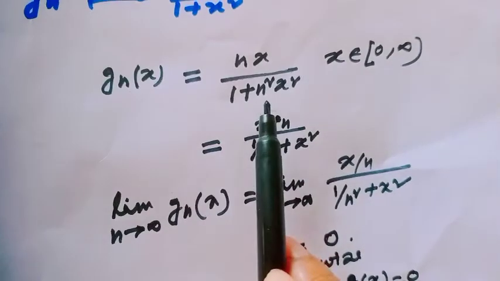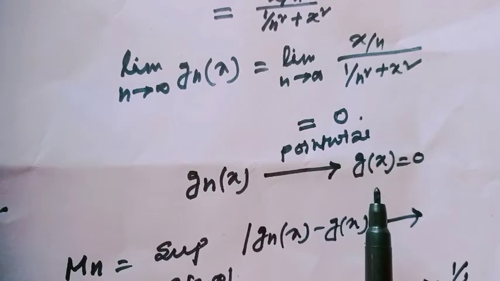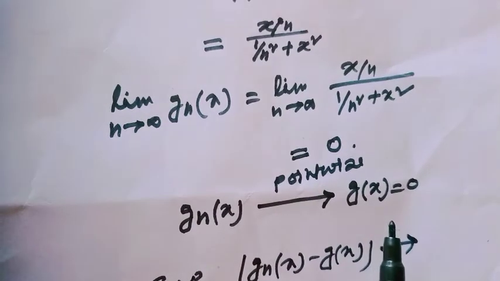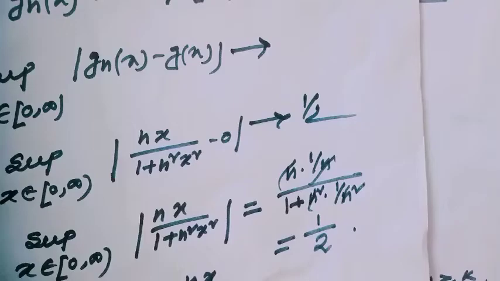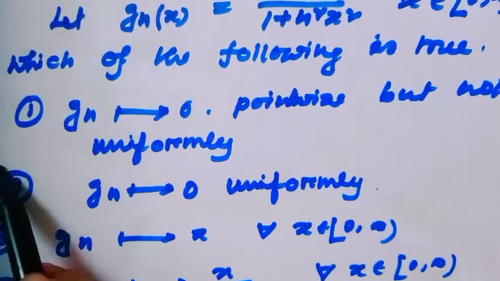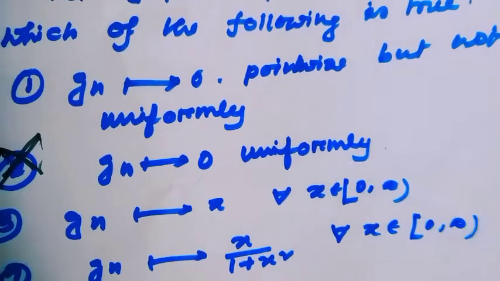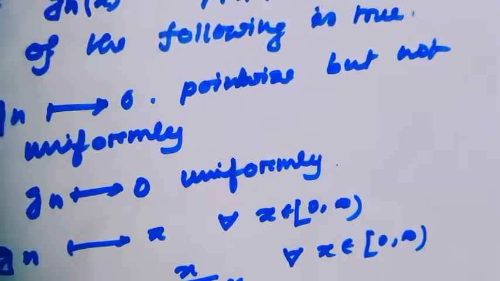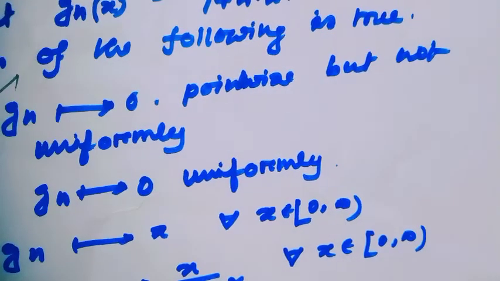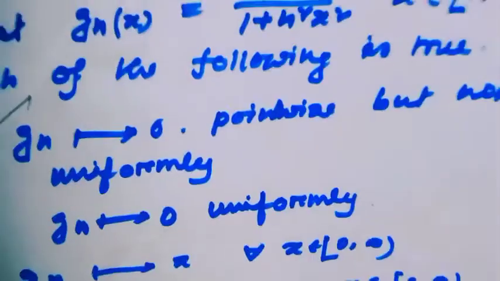Our given sequence g_n(x) converges pointwise to the function g(x) equal to 0, but this convergence is not uniform. Okay? Well. Now let's see the options. Option 2 is obviously the wrong option, and option 3 is also wrong. Only the first option is the right option: g_n converges to 0 pointwise but not uniformly.